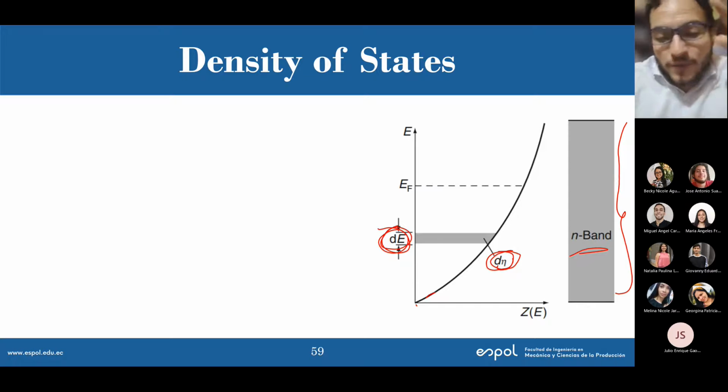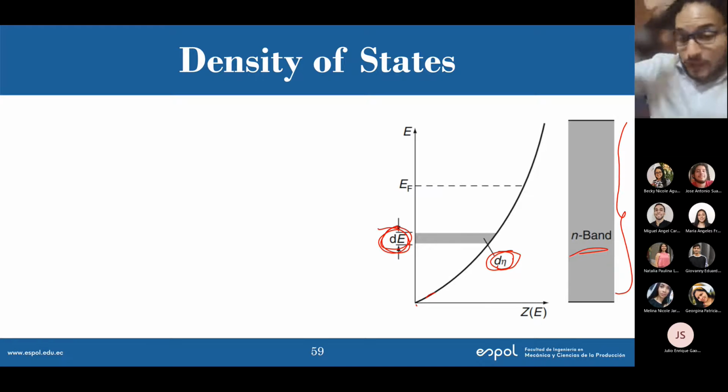If you want to understand this concept, you can think of a tall building, let's say a huge building like those that you have in Guayaquil. Usually in the lower levels it has maybe 2 or 3 apartments, whereas in the upper levels it actually has 10, 20, 30 apartments.